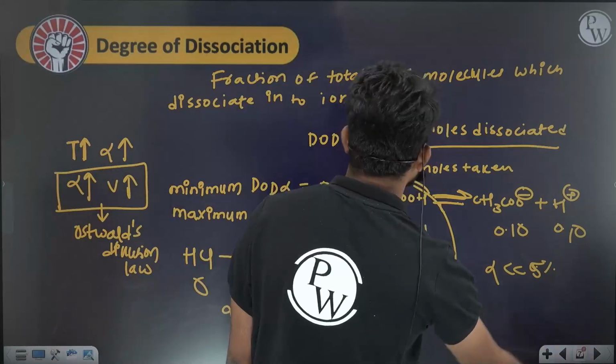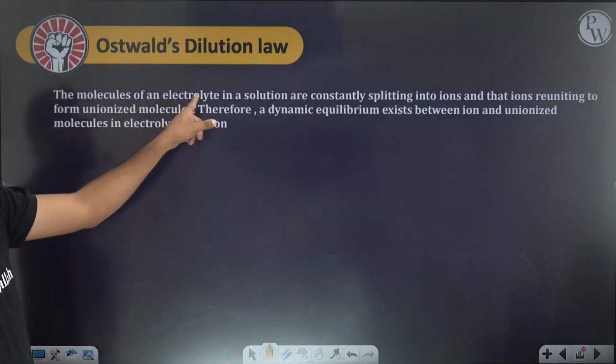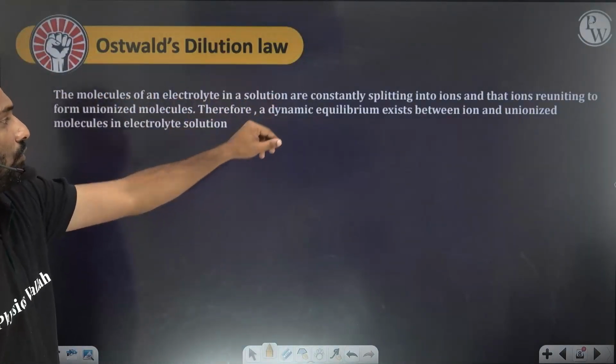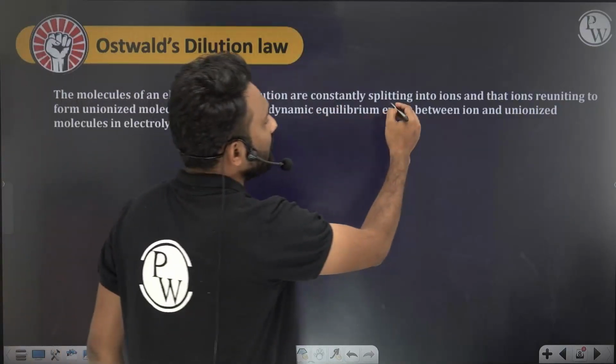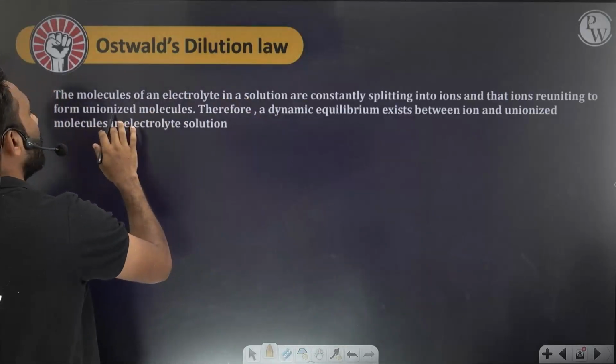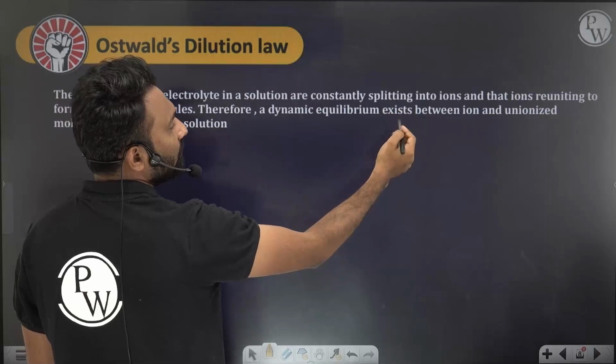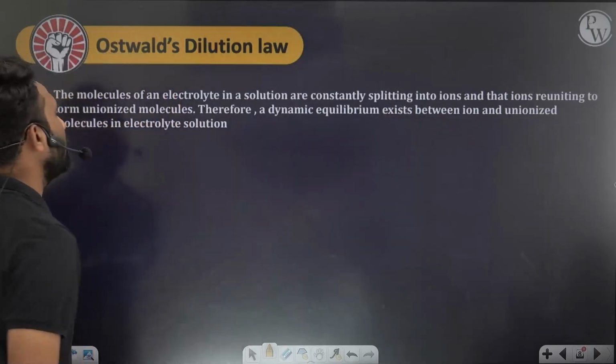Now look here, what is Ostwald's dilution law? The molecules of an electrolyte in a solution are constantly splitting into ions, and those ions are reuniting to form the unionized molecule. Therefore a dynamic equilibrium exists between the ions and the unionized molecules in the electrolyte.